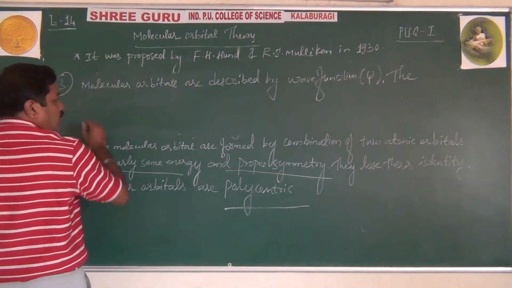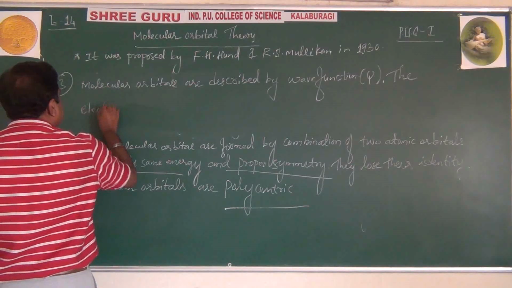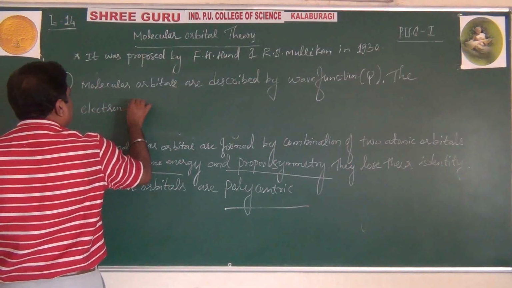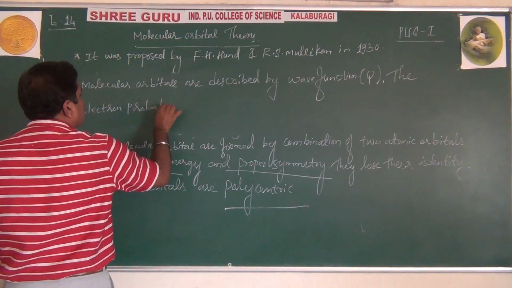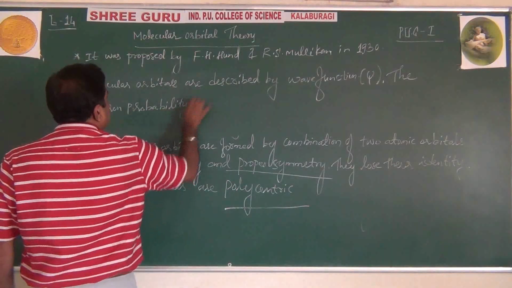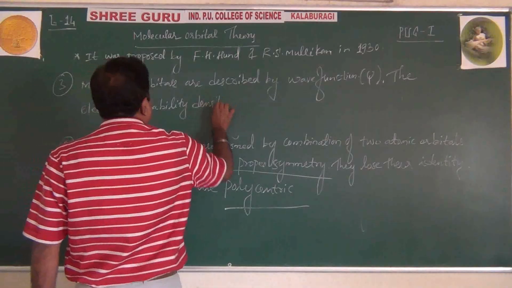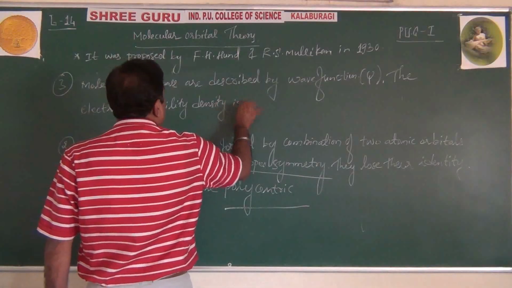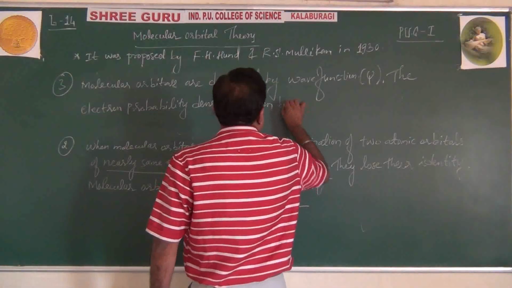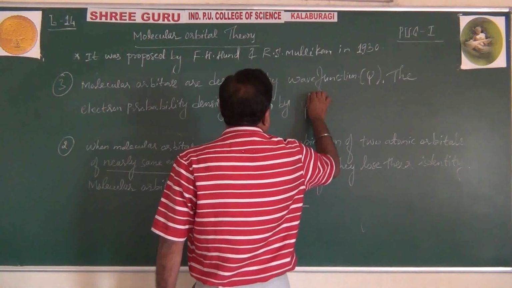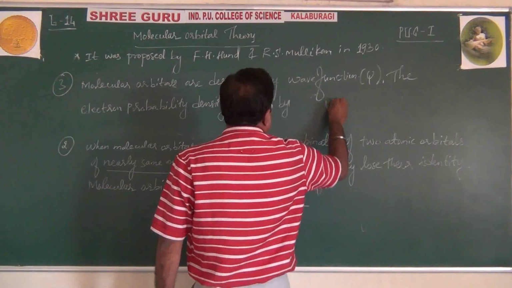The electron probability density is given by the square of the wave function, psi square.